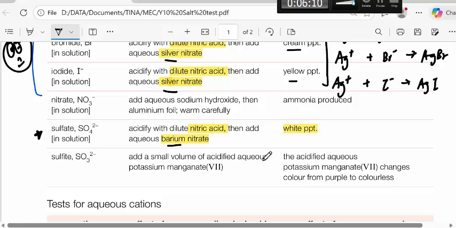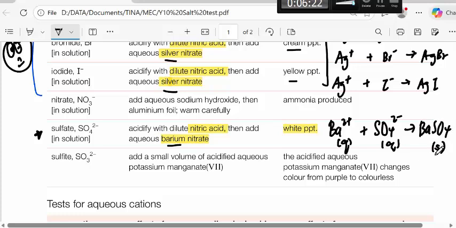A white precipitate, because soluble barium plus soluble sulfate becomes an insoluble solid.